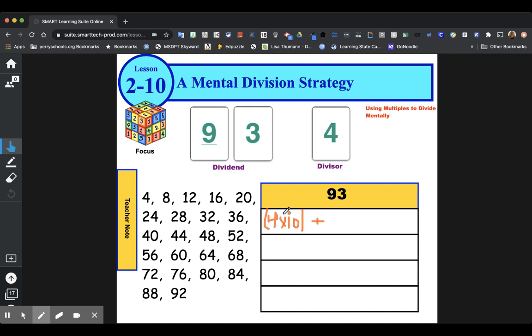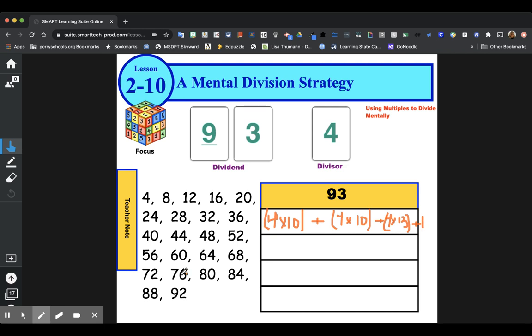So we'd have to think then. So 40, I need to get up to 93. So I need 1, 2, 3, 4, 5, 6, 7, 8, 9, 10, 11, 12, 13, 4 times 13. But if I do 4 times 10 again, that gives me 80. And then I would do plus 4 times 3. Put that in parentheses, and then add 1 more.